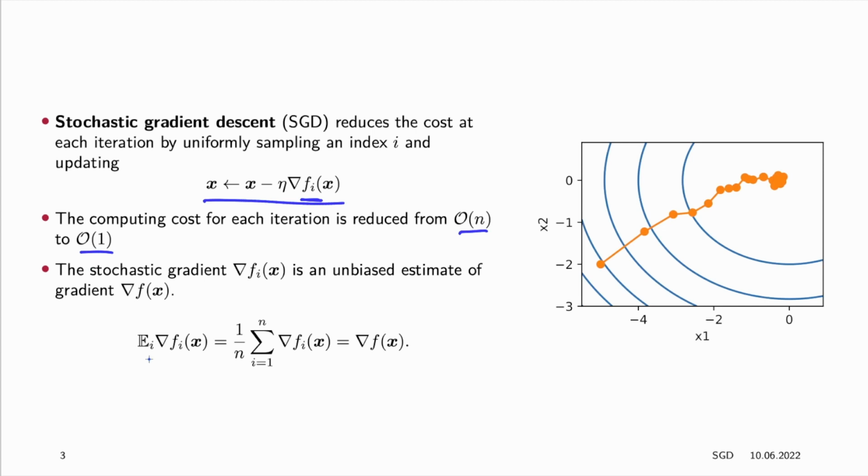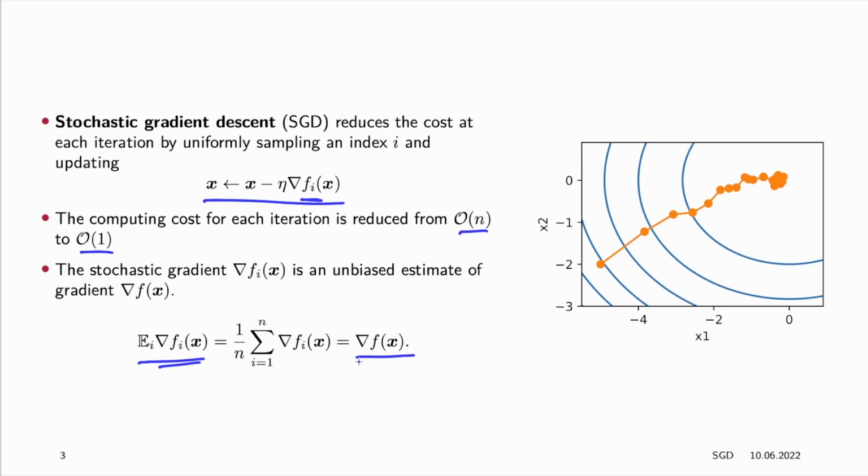Well, it turns out that if we compute the expected value over these component-wise gradients, we actually get the real gradient back.